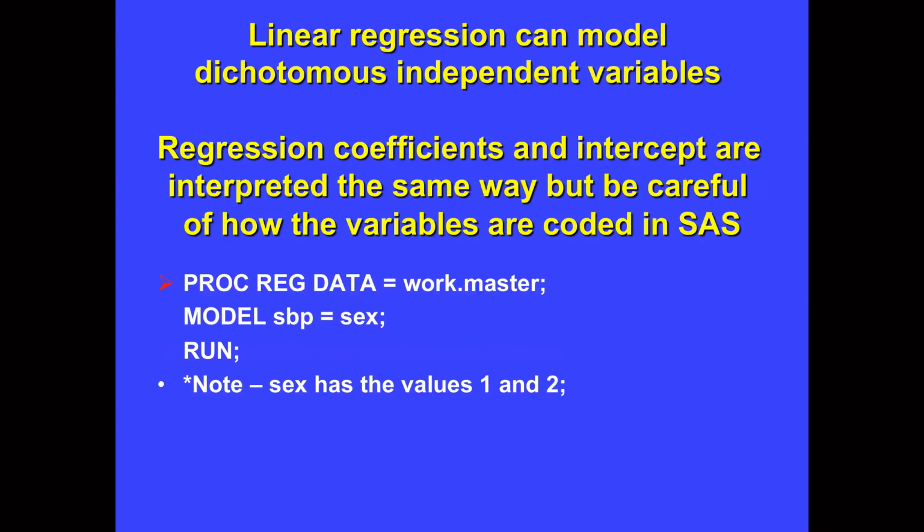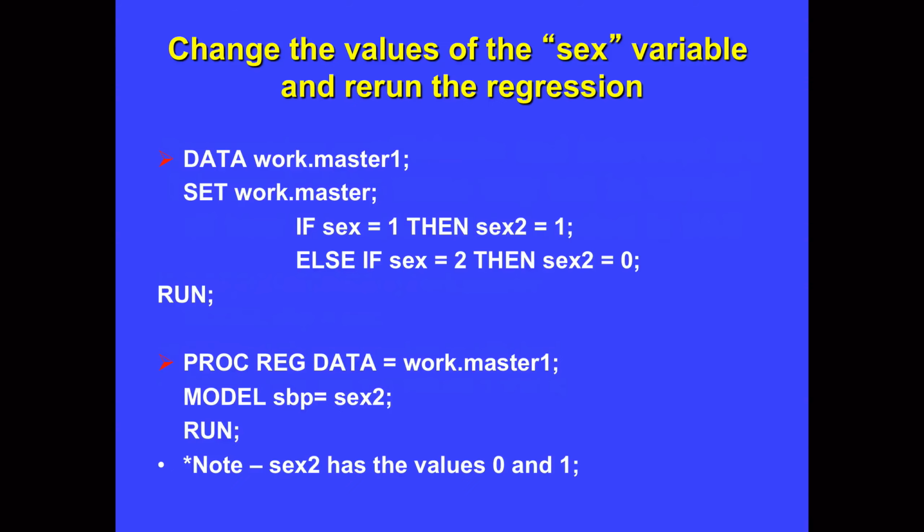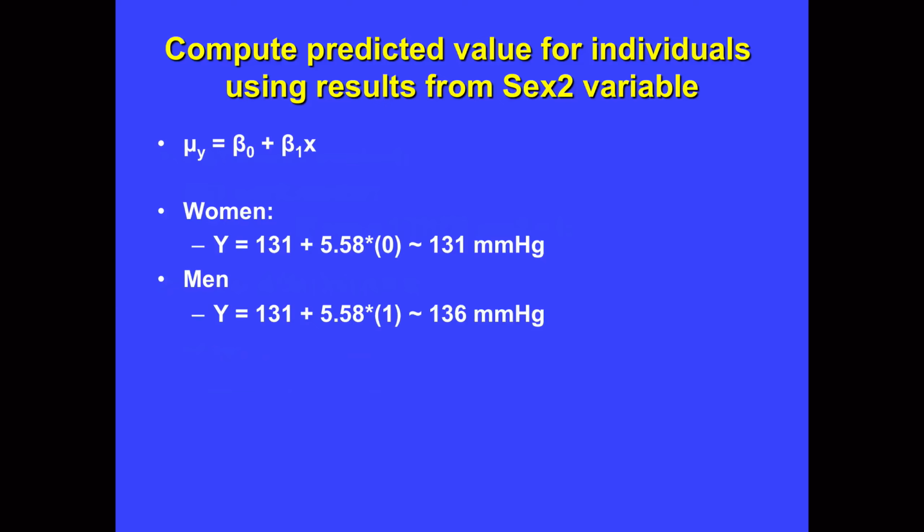So I've just summarized what we just did in the slides, so you have that information available to you. And if you wanted, you could calculate the predicted value of systolic blood pressure for men and women based on the results of both models.